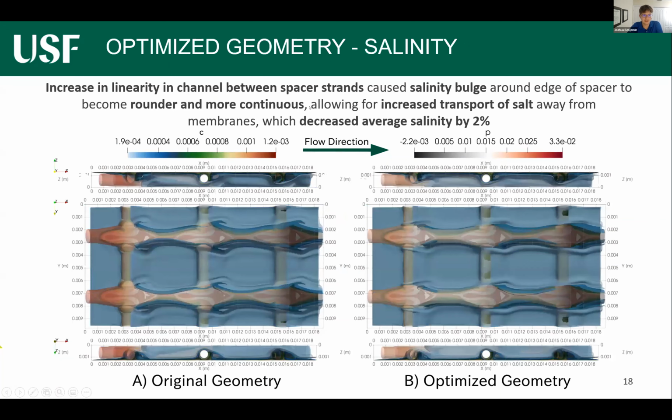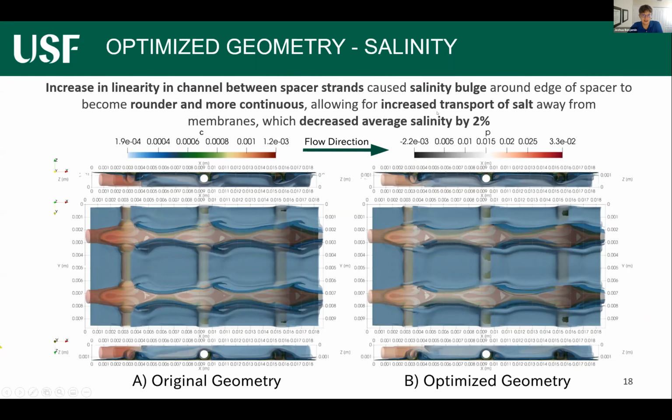In terms of what it does to the salinity fields, increasing the linearity in the channel between the spacer strands would cause that salinity bulge around the edge of the spacer to become rounder and more continuous. You can see that in these salinity fields right here, where the salinity streamline is kind of broken up. But in the area where you don't have this jetting section out, the salinity streamline is a bit more continuous and well-formed.